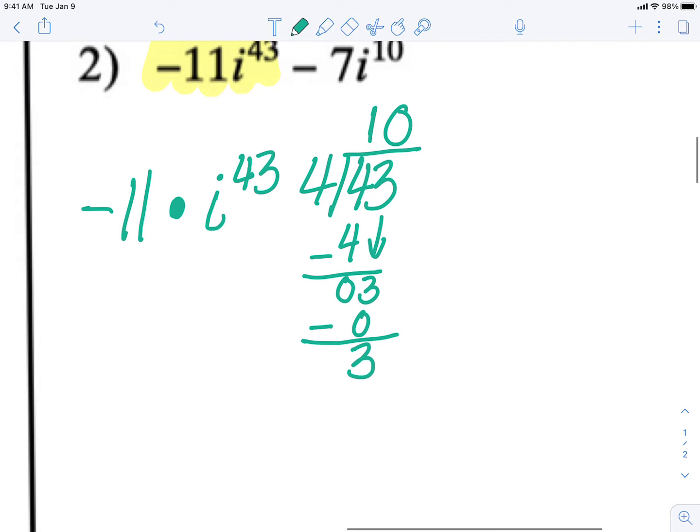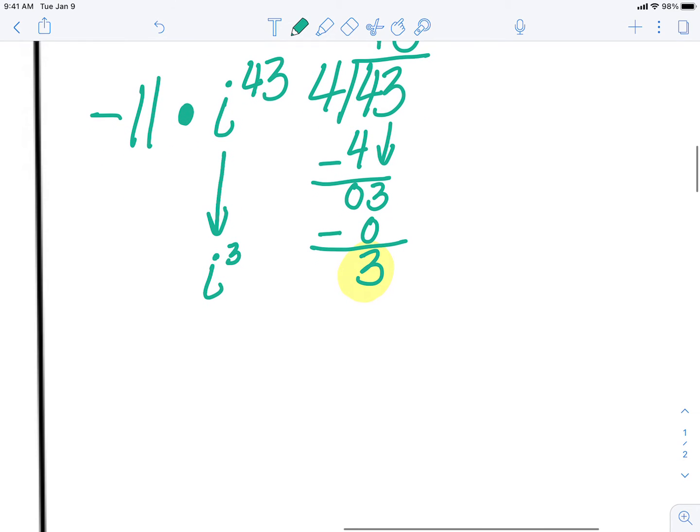So this is my remainder. So that means that this I is going to become I to the power of 3. And if we look in our imaginary key, right, I to the power of 3 is negative I. Just like that.